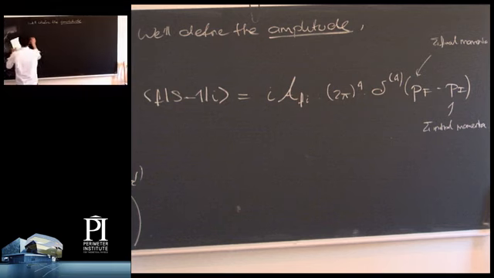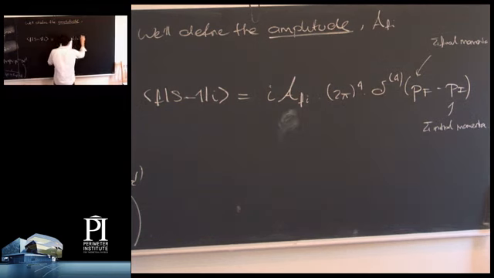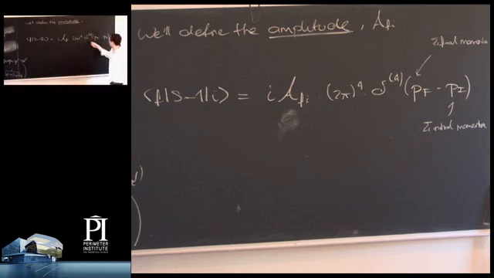So in general, some initial state going to some final state is always going to have a 2 pi to the 4 times some delta function, where this is the sum of the final momenta, and this is the sum of the initial momenta.